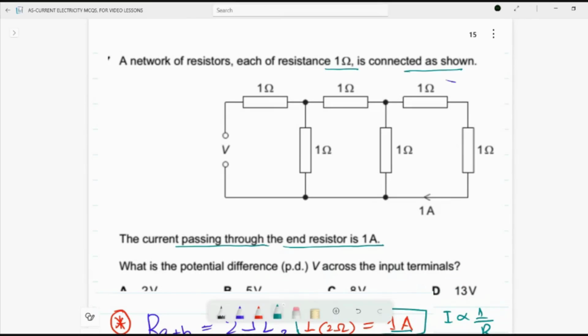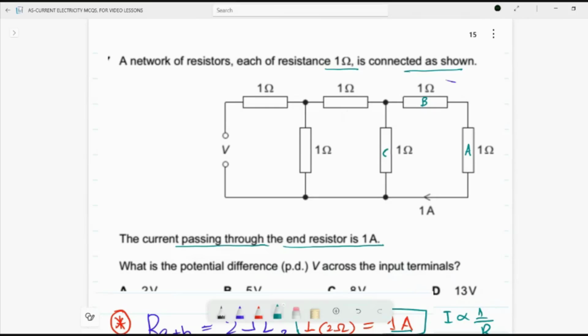So I have to show you that in this, we have to name these resistors. Let's say this is your resistor A, this is your B, this is your C, this is your D, this is your E, and this is your F. And by this, we will reach the point of calculation. So in resistors A, B, the current is 1 ampere.